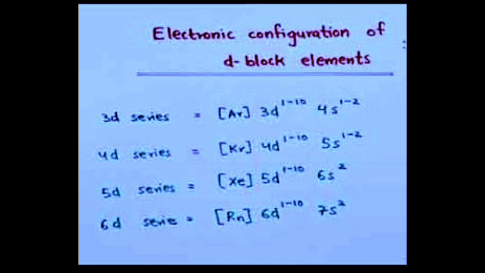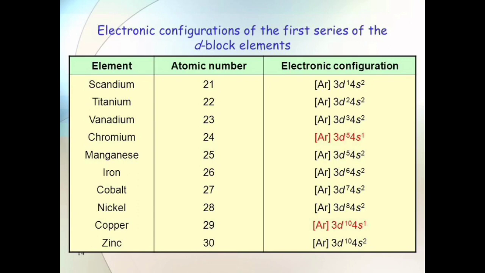I have already shown that; once again, have a look here. In the first transition series, you can see two elements having an exception, chromium and copper. Scandium has 3D1, titanium 3D2, vanadium 3D3, so chromium should get 3D4 4s2.